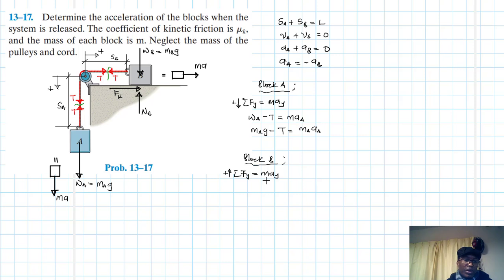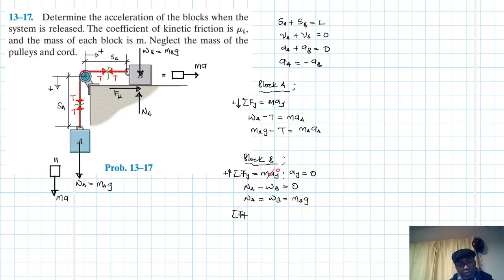If you want, we can choose down, no big deal. So we'll have NB minus WB equal to 0 because our AY is equal to 0. So this part becomes 0. Therefore, our NB is just going to be equal to WB, which is just equal to MBG.